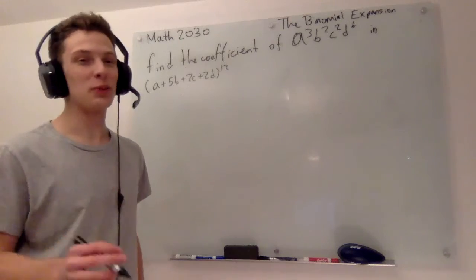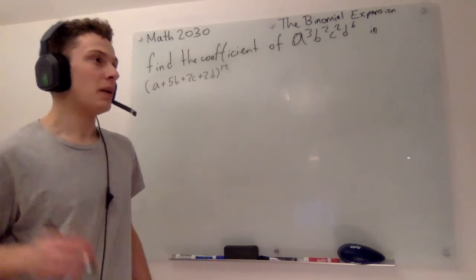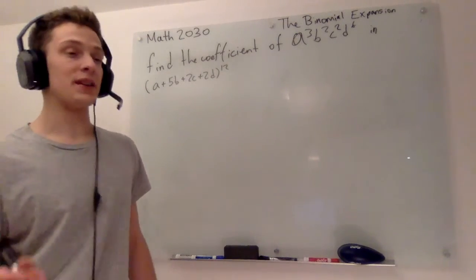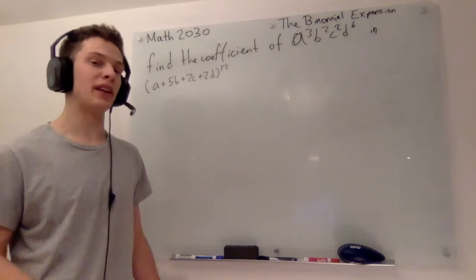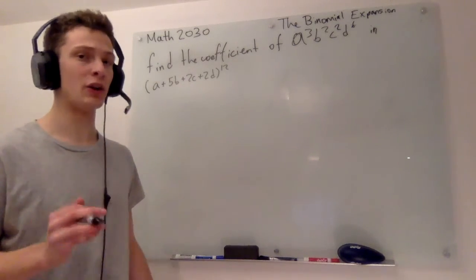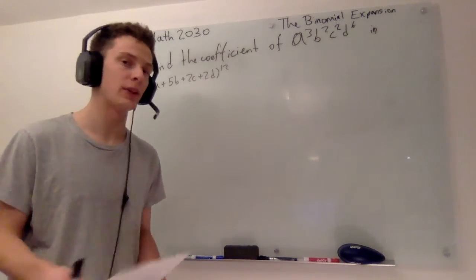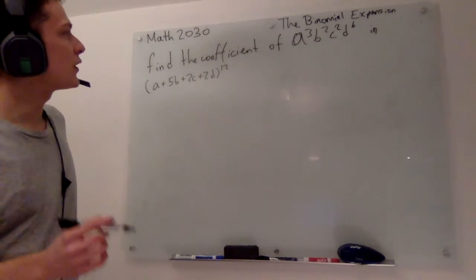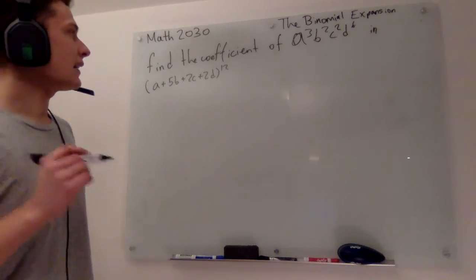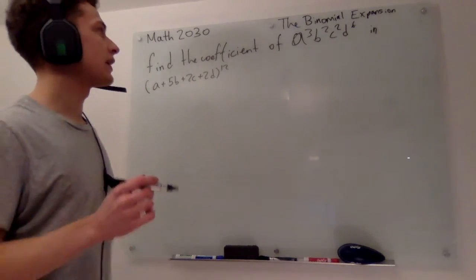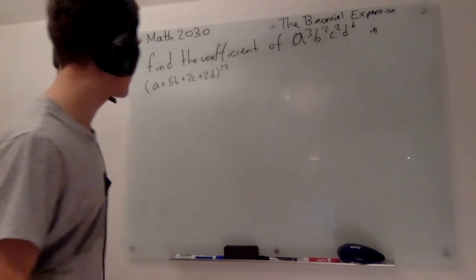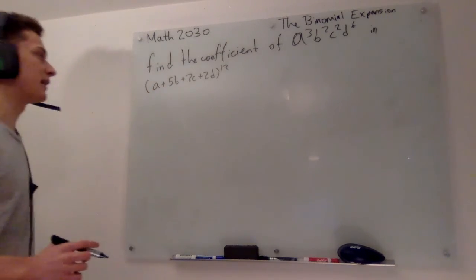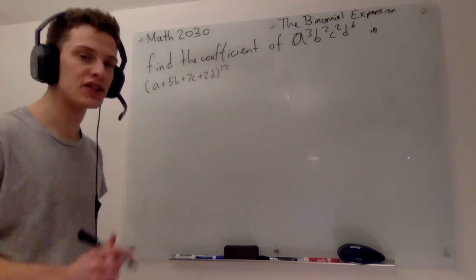Okay, so we're going to wrap this video up by modifying an example from the textbook to illustrate an important point about finding coefficients of terms in the multinomial expansion. Okay, so we want to find the coefficient of a cubed, b squared, c squared, d to the 6 in this guy right here. We're going to do the same thing we did before.